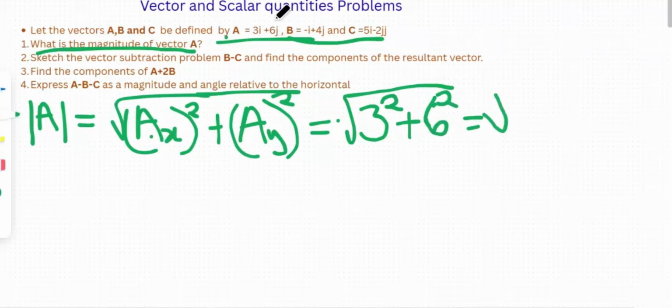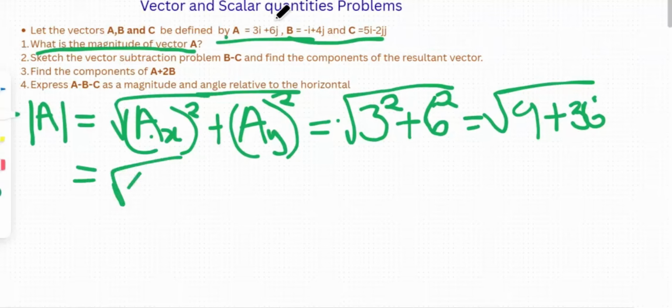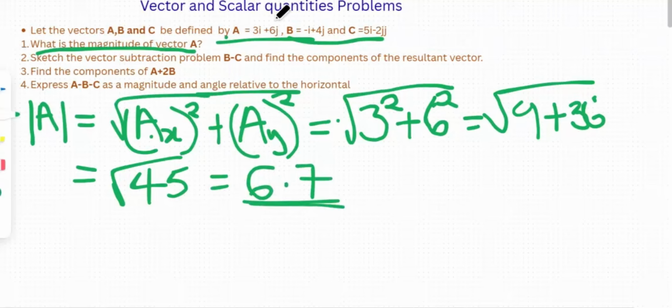That will be equal to the square root of 9 plus 36. So 9 plus 36 will give us 45. The square root of 45 is 6.7. So therefore the magnitude of A is 6.7. That's how to solve the magnitude of A.